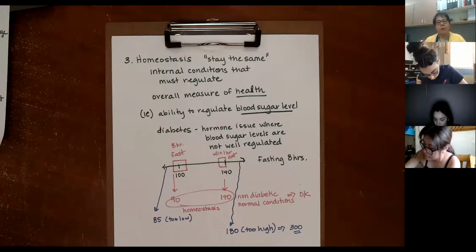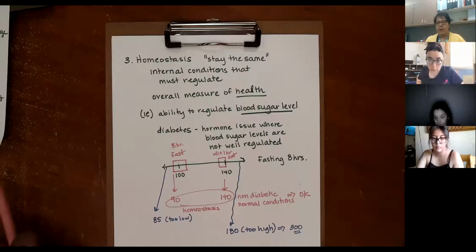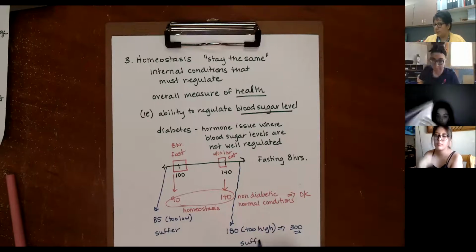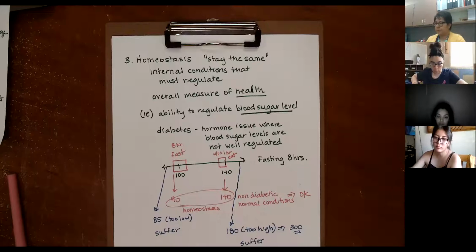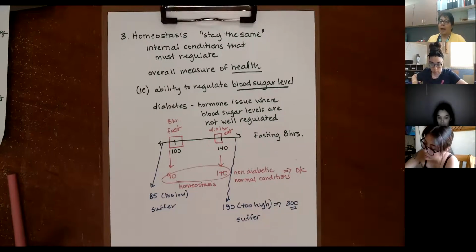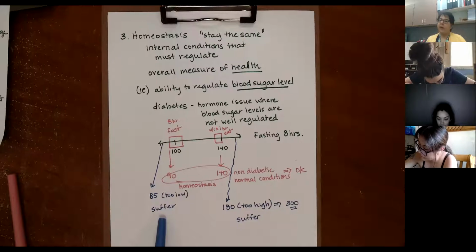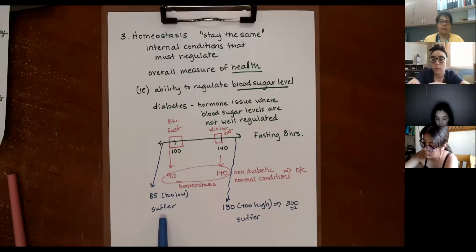But if you go far too beyond, either too low or too high, then the body begins to suffer. So depending on how low or how high, you suffer in different ways. People whose blood sugar is far too low might feel weak, they might feel shaky, they'll definitely feel hungry.